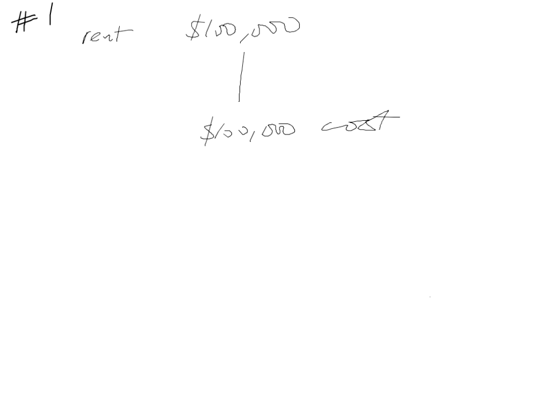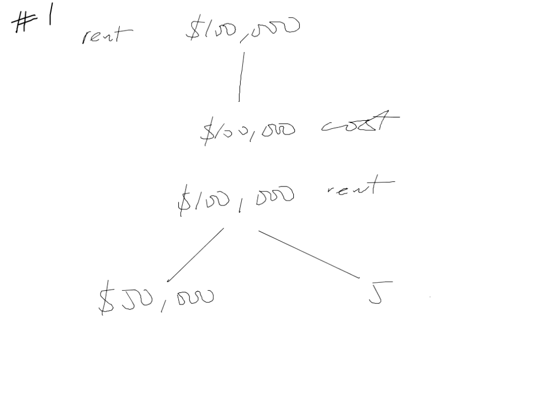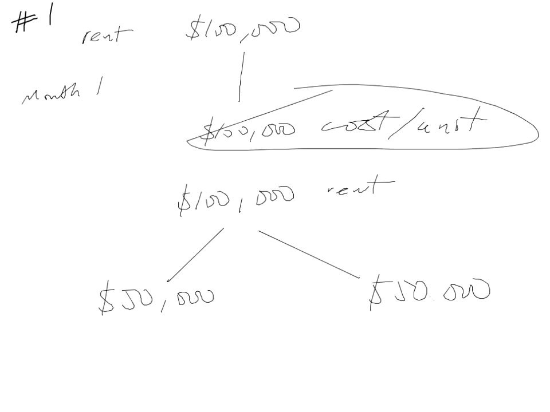Now let's say in another month we have $100,000 rent, and we make two items. So now each item is going to be allocated a cost of $50,000. So in month 1, it was $100,000 cost per unit, and month 2 it was $50,000 per unit.